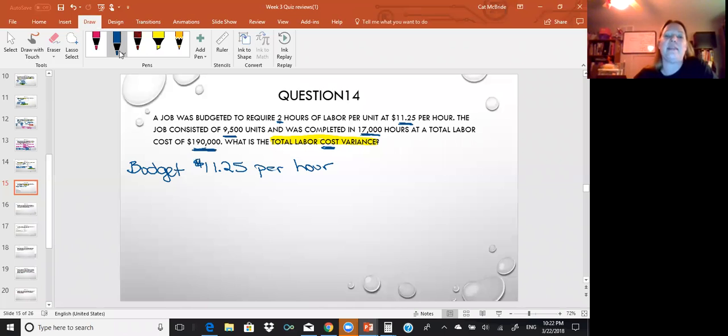So how can I take that information and figure out what my actual per hour amount is? We had a labor cost of $190,000 and we spent 17,000 hours working. So how do I get a per hour amount?